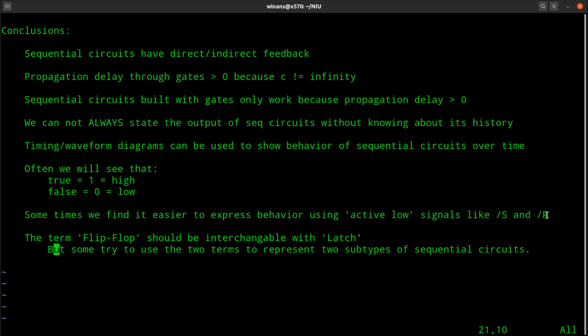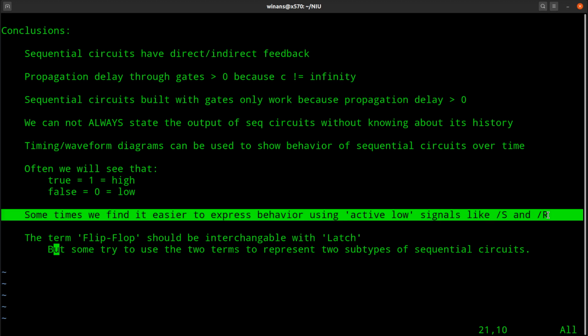And an R bar would look like this. So if I say R bar, I'm still saying R is true when it's 1, when it is high. But R bar, when R is true, R bar is 0, okay? This is still positive logic.